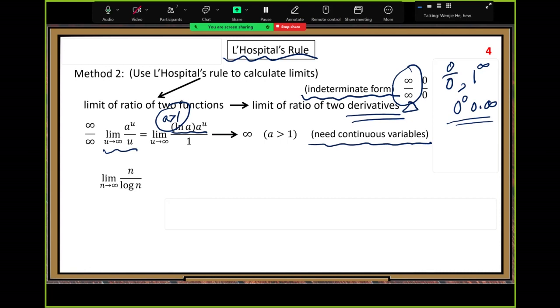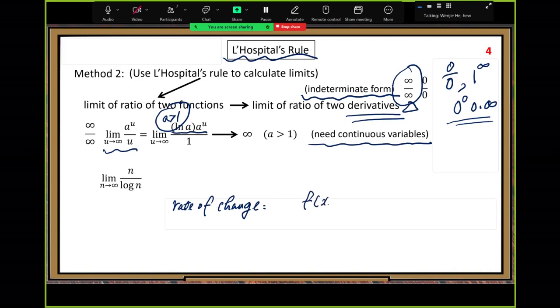Derivative means the rate of change of a function. But how do you calculate the rate of change?